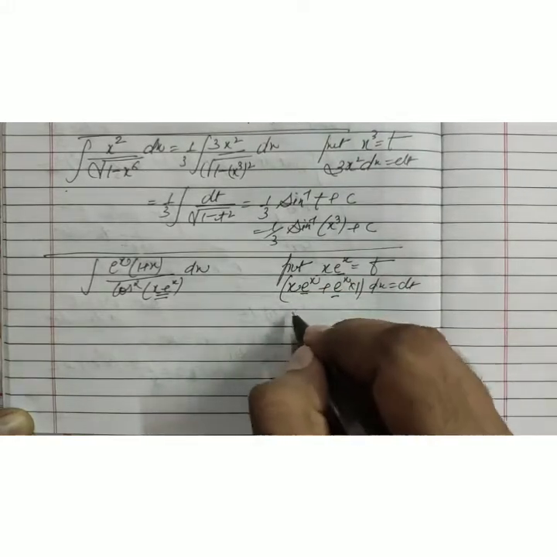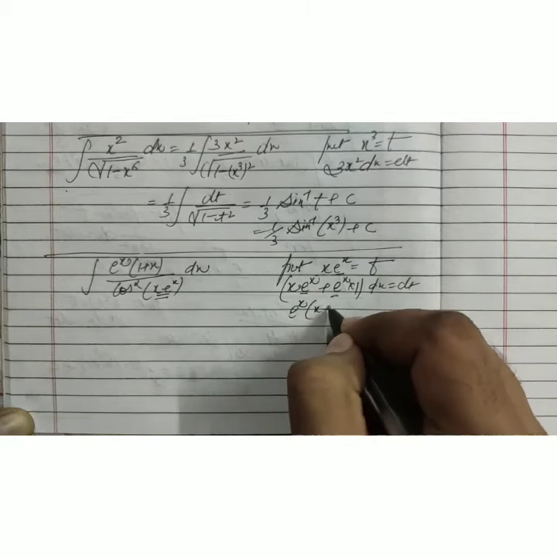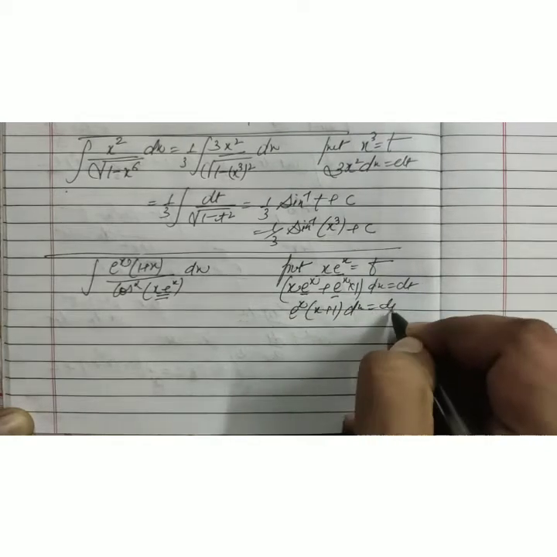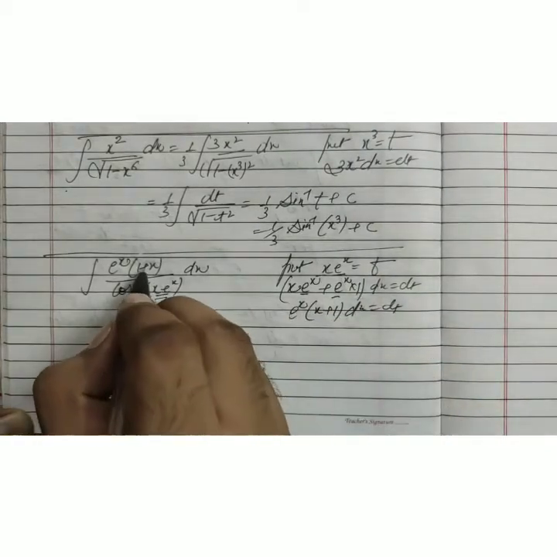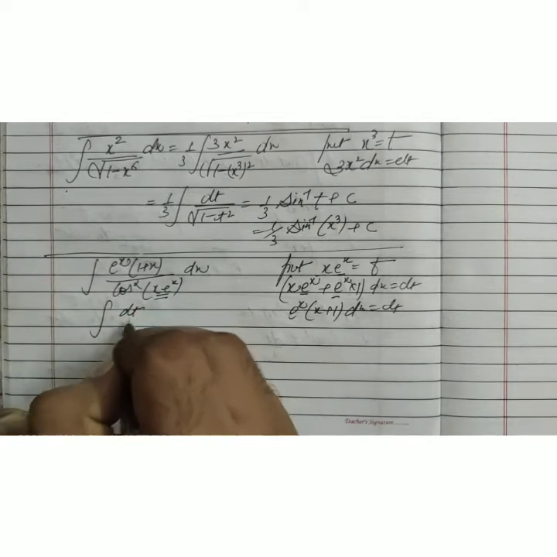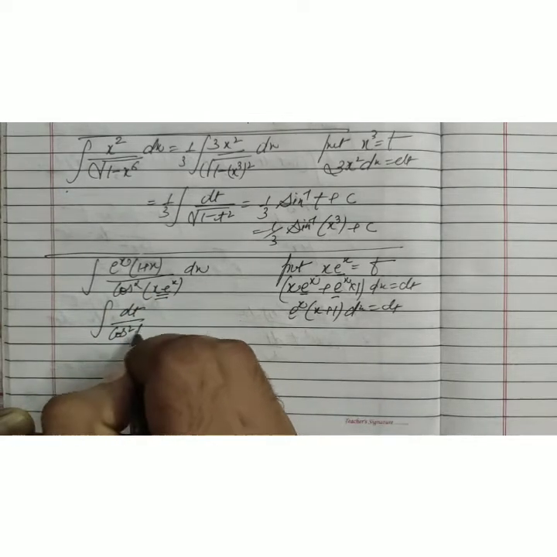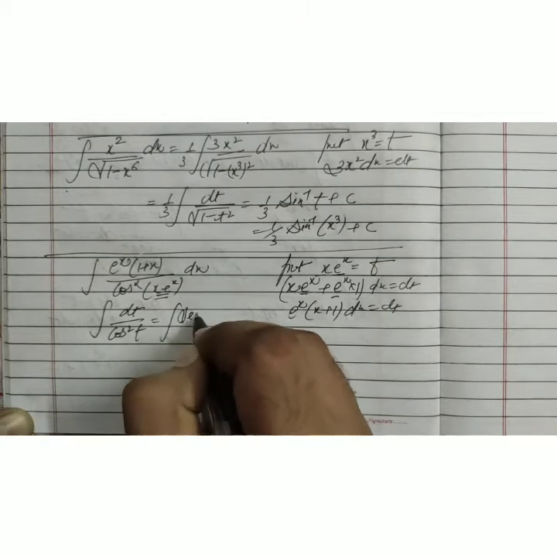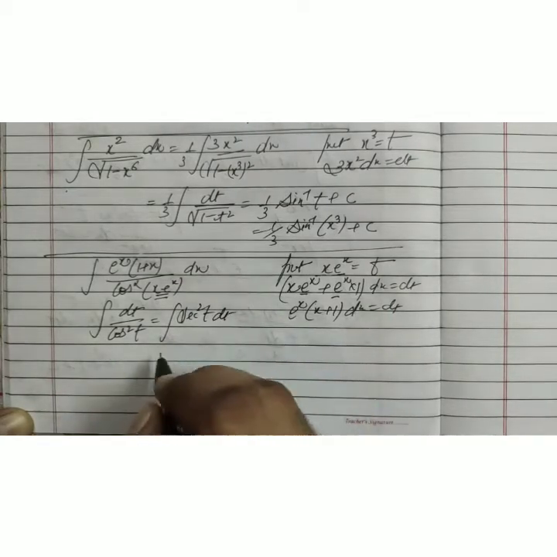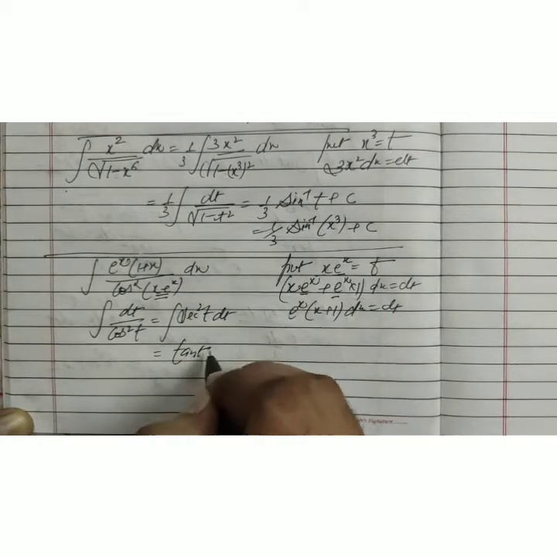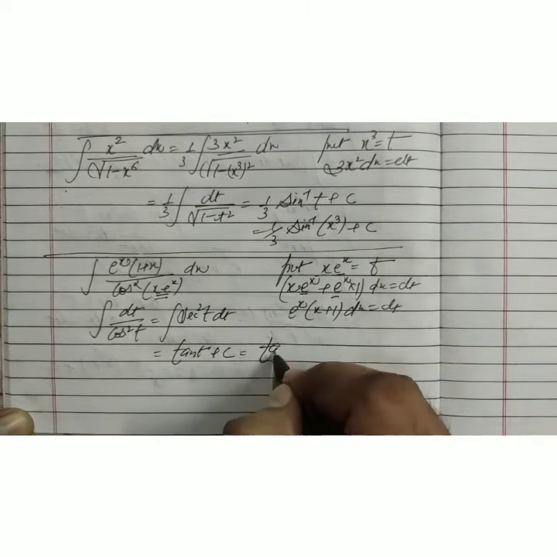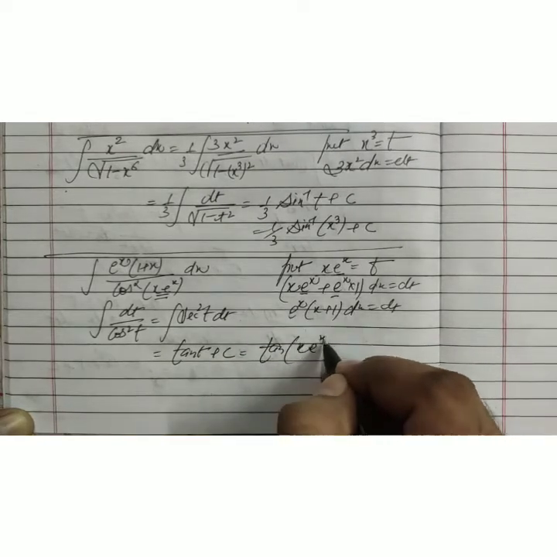Here e raised to power x is common, so we get x plus 1 with dx is equal to dt. This is the same as the given data. So the upside becomes dt, it is cos square of the inner value we have chosen, t, so it becomes secant square t dt. Integration of secant square is tangent. Replacing the value of t, the answer is tan of x e raised to power x plus c.